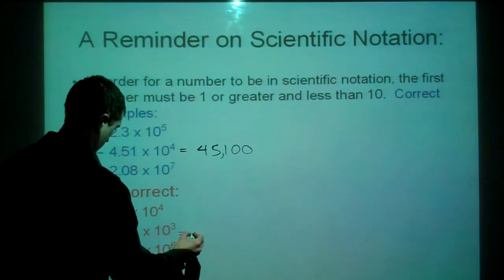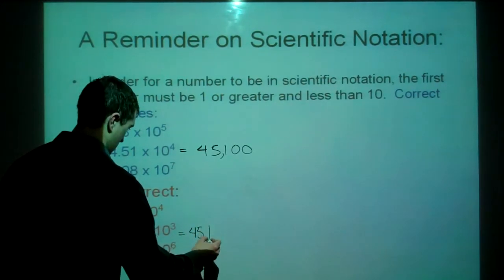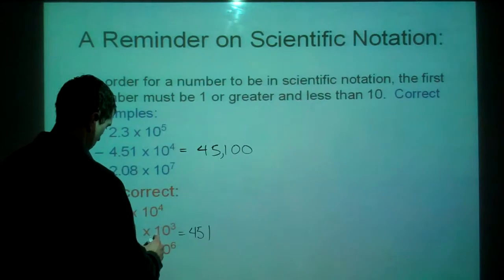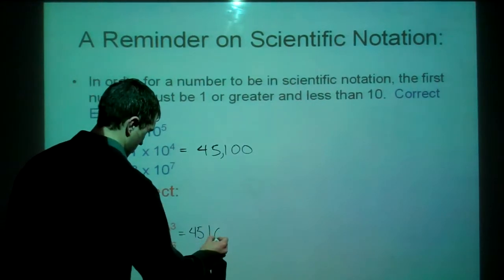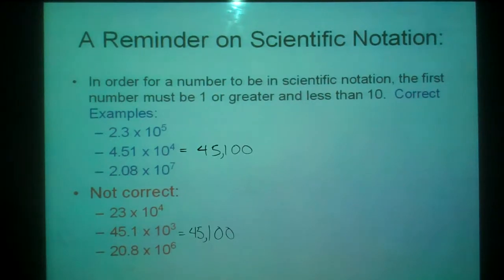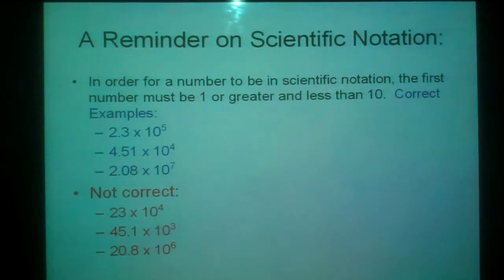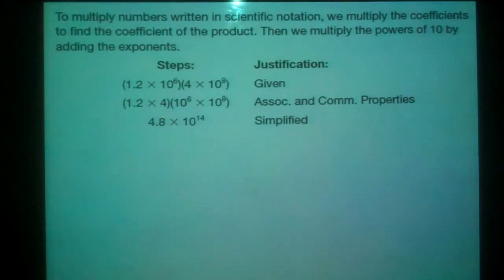We should get the same answer here. So 1, 2, 3. We still get the same answer either way. But once again, one is correct scientific notation, the other one is not. Alright. And we'll show you why those still came out to the same answer in some examples coming up.